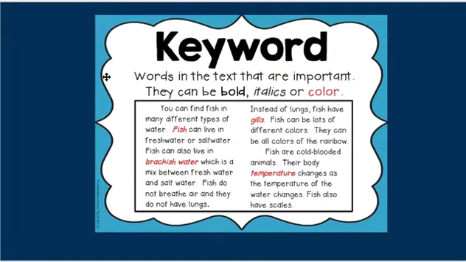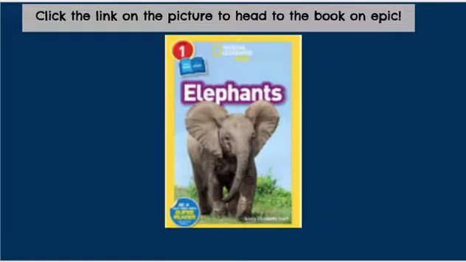They can be bold, italics, or a different color. So you can see in this page that the word fish, brackish water, gills, and temperature are in red. Okay, they're also in italics, so you know that those are some important words to focus on.